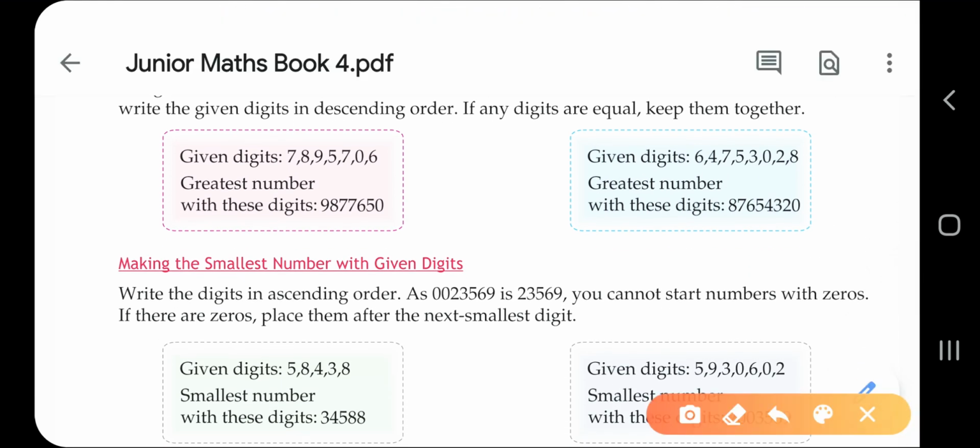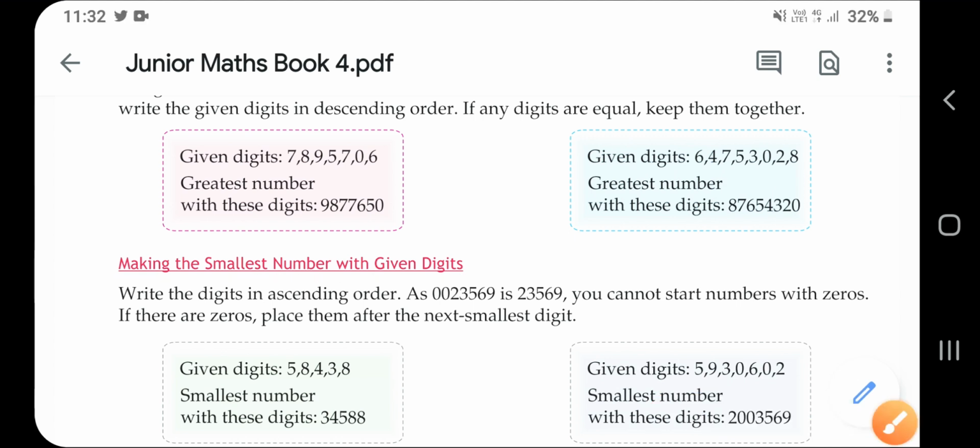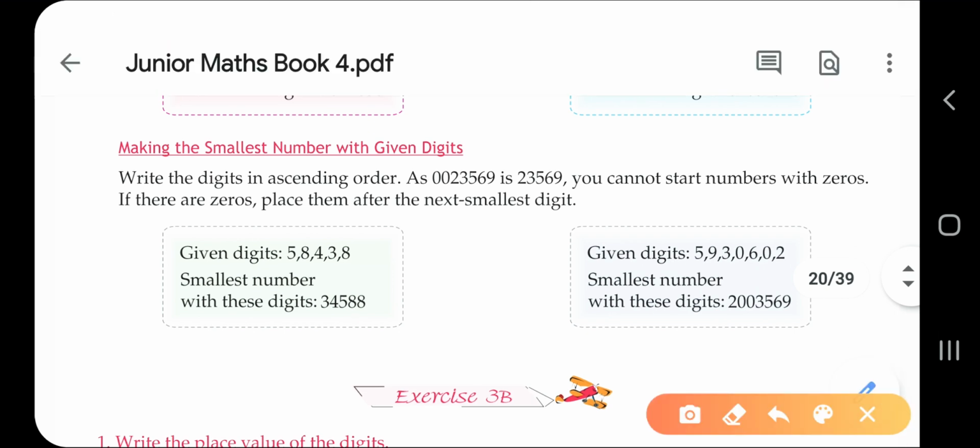इसके अपोजिट एक मेथड ये रहेगा, making a smallest number with given digits. आपको इसका जस्ट उल्टा करना होगा. Write the digits in ascending order, मतलब कि छोटे से बड़ा, अगर स्मॉलेस्ट नंबर बनाना है हम लोग गिवन डिजिट से तो छोटे से बड़ा करना होगा.